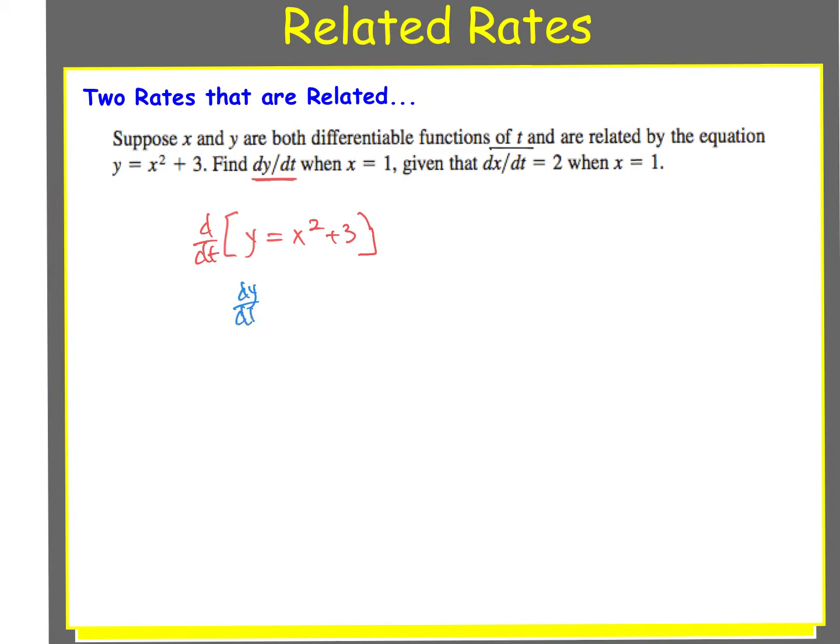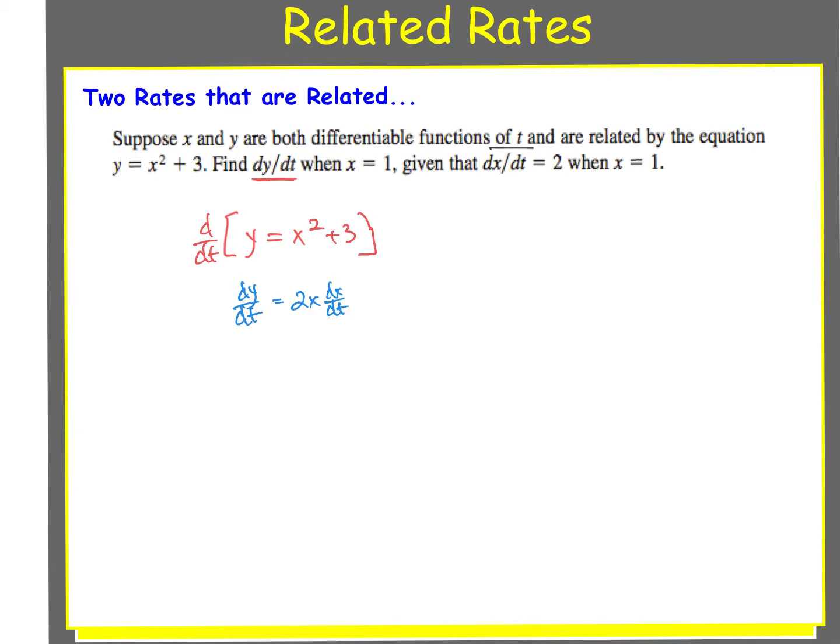dy/dt is equal to, what's the derivative of x squared? 2x. But do my variables match up? No. So what implicitly pops out? dx/dt. Plus, what's the derivative of 3? 0, so that goes away. Now I just substitute in.